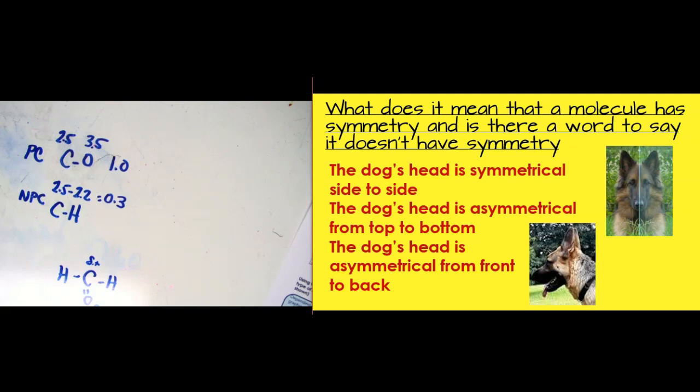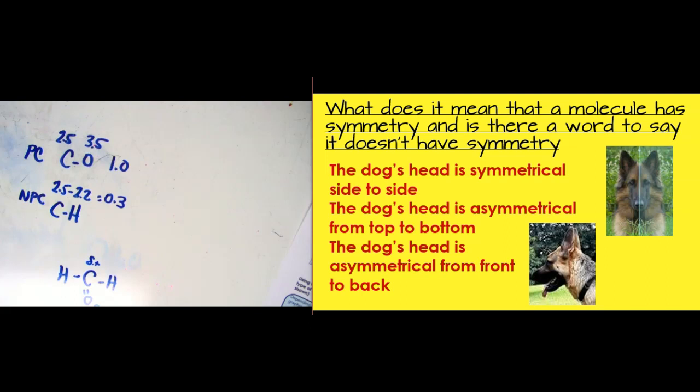For example, look at the dog face in the upper right hand corner. If you take that line straight down the middle between the eyes and over the nose, it's a symmetrical shape. Why? Because you have an ear and an eye on both sides, and it looks very, very similar. Okay, that's symmetry. If, however, you drew the line horizontally between the eyes and the nose, it would be asymmetrical.